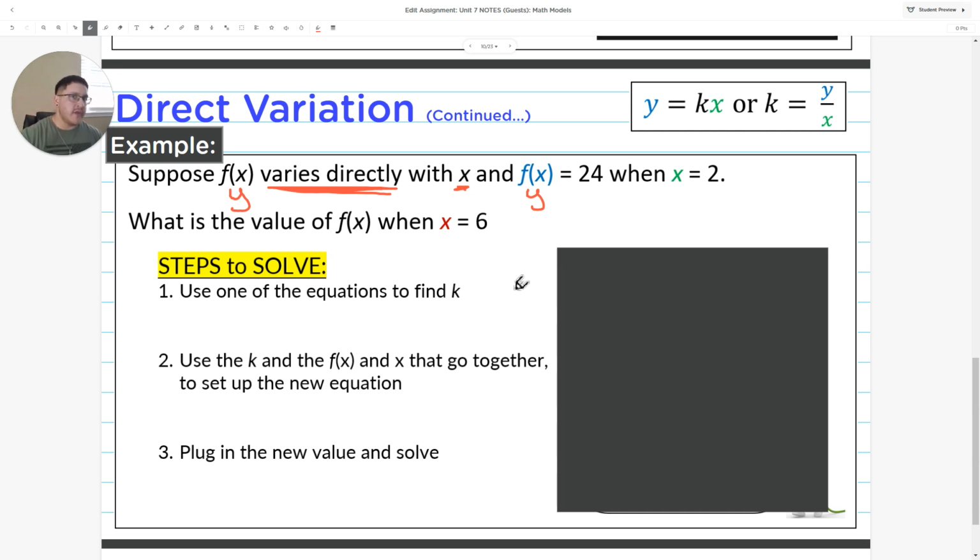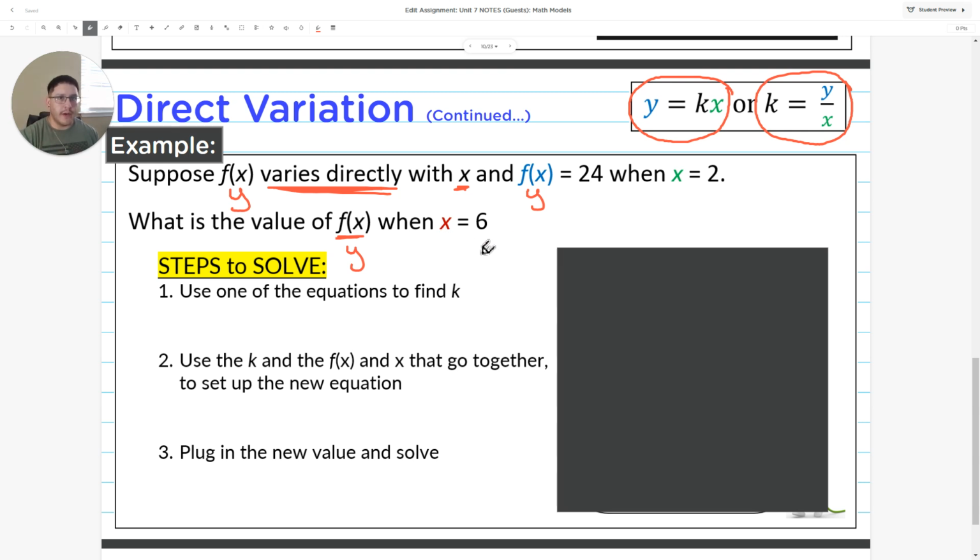Whenever direct variation comes up, there are two equations that you have to think about. y equals kx and k equals y divided by x. So what is the value of y when x equals 6?